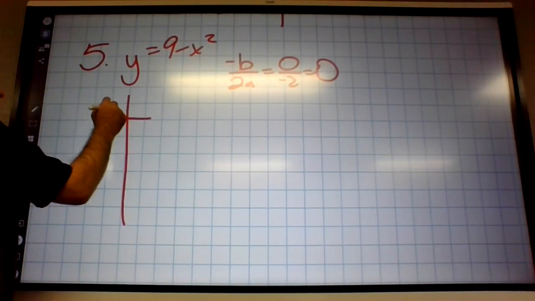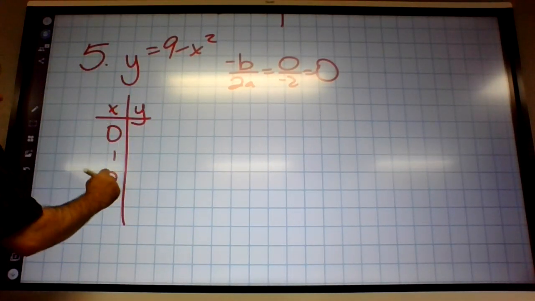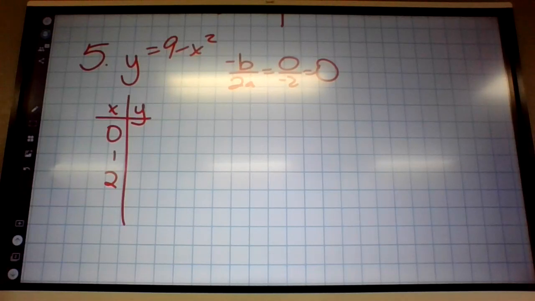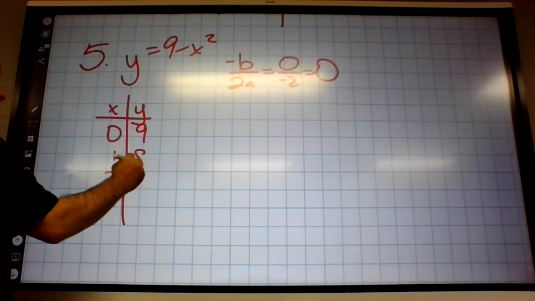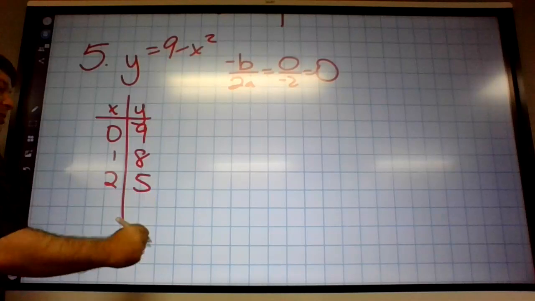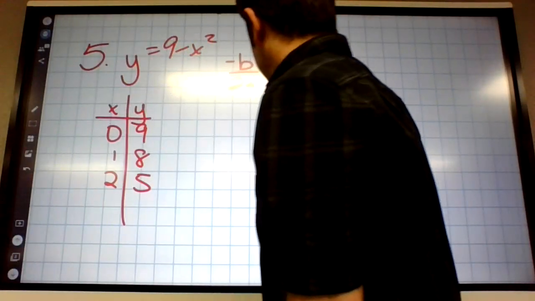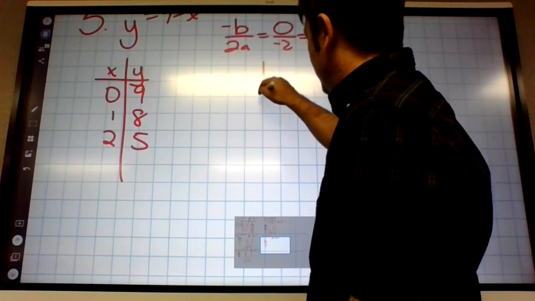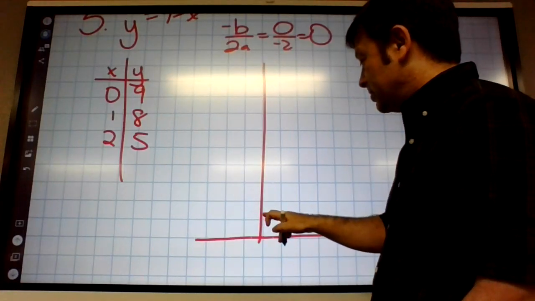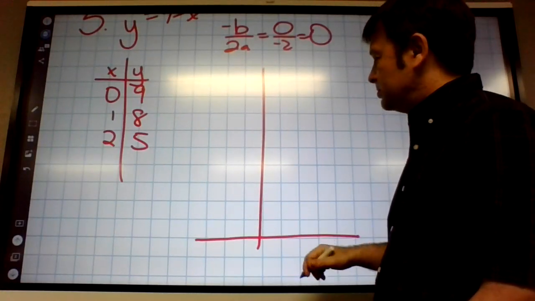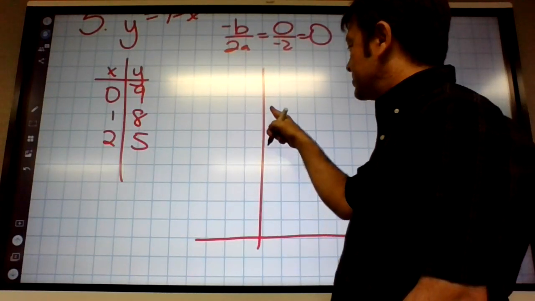So when I plug stuff in, I'll do 0, 1, 2. If I plug in 0, I get 9. If I plug in 1, I get 8. If I plug in 2, I get 1. So it's going to start very high, so I need to put my x's down here. 1, 2, 3, 4, 5, 6.